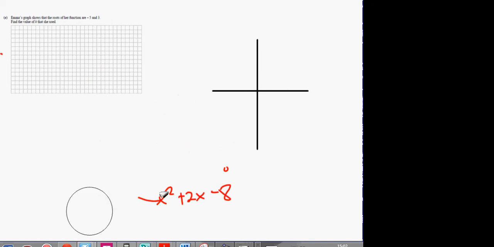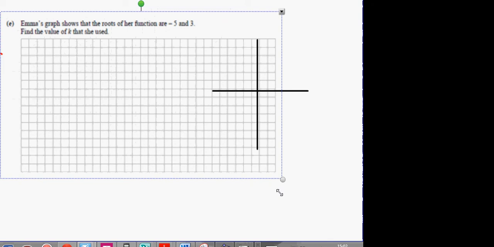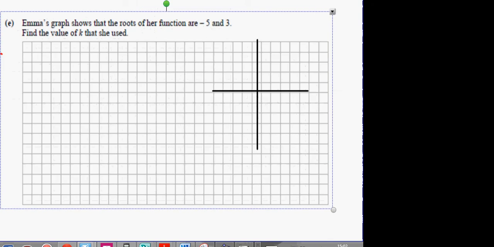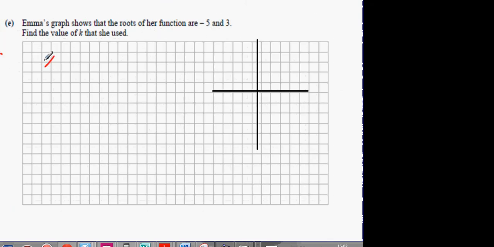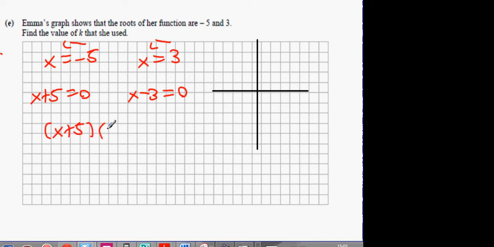So what we're going to do here is the same thing. It says that the roots of our function are minus 5 and 3. Anytime you see the words roots of a function, it means the x values. X equals minus 5, x equals 3. What's the next step? Move them over, we get x plus 5 equals 0, x minus 3 equals 0. Next step after that, x plus 5 multiplied by x minus 3 equals 0.